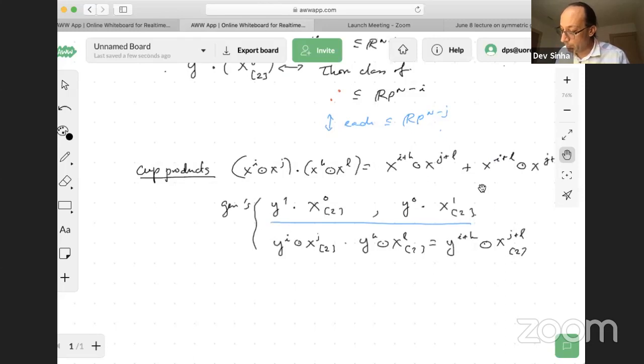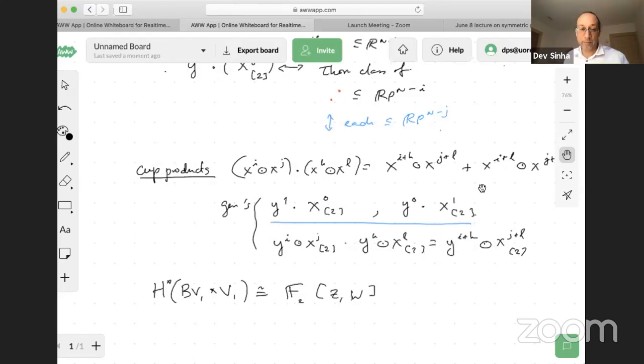So let's say in the cohomology of BV1 cross V1, that's generated by, say, Z and W. This is just RP infinity cross RP infinity, our good friend.